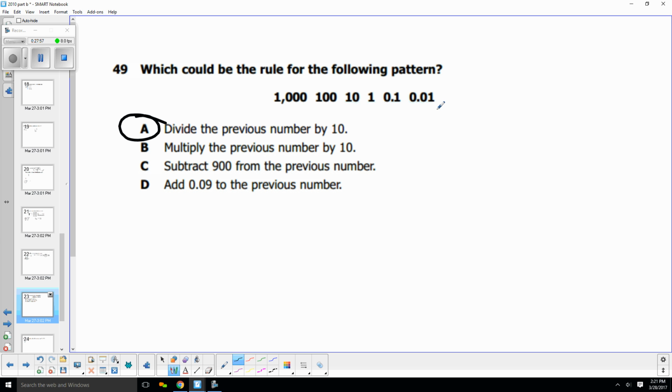It's put in decimal and then the 0 will be on the right side. Then the decimal is actually moving one more spot to the left every time, right? Which tells me I'm dividing by 10. Yes, ma'am. Right, you're right. Okay, so when she checked the subtract 900, she knew that was not possible. Now, 1,000 minus 900 was possible to get 100, but from 100, if I subtract 900, it doesn't give me 10.